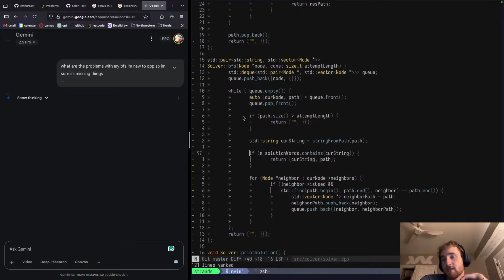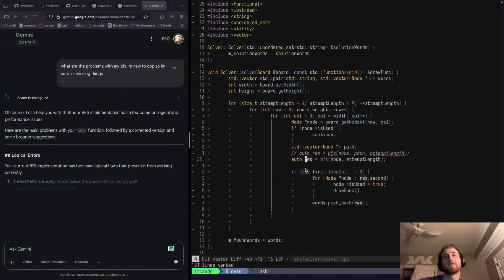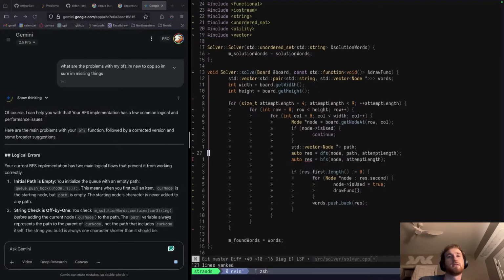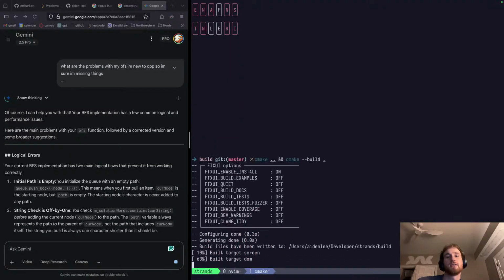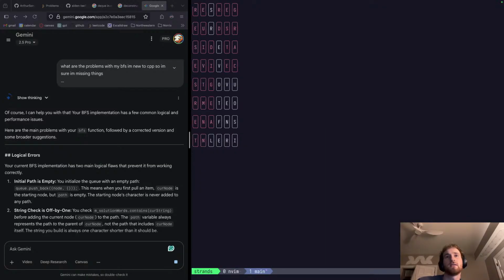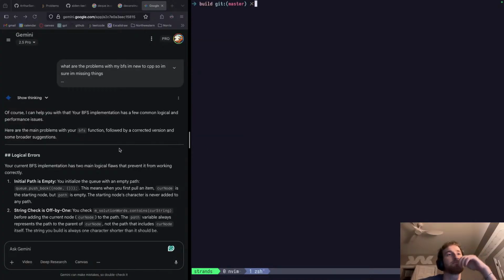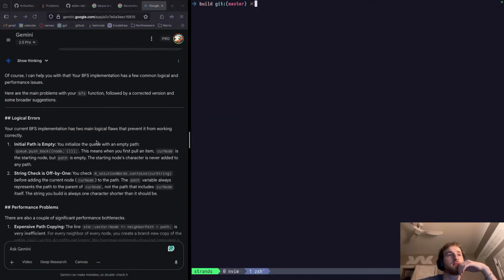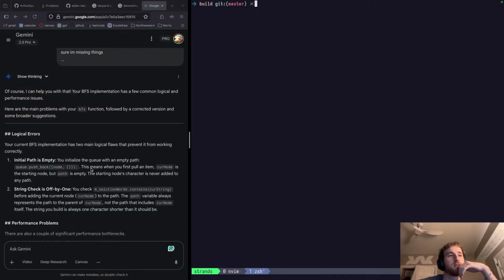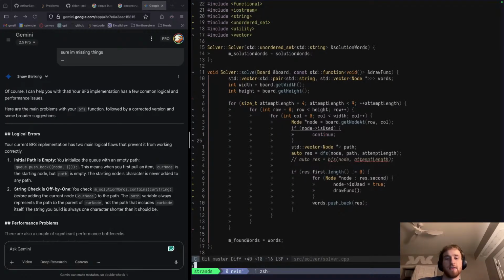I got a fine implementation, I think. But it's definitely significantly slower than DFS. If I do this one instead of this and make, that's so much faster. Ah, yeah, that's fair. That's aggressively stupid.